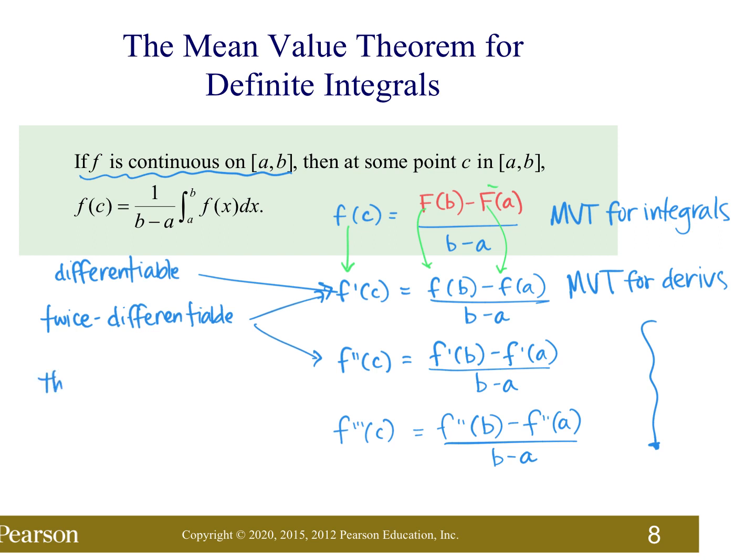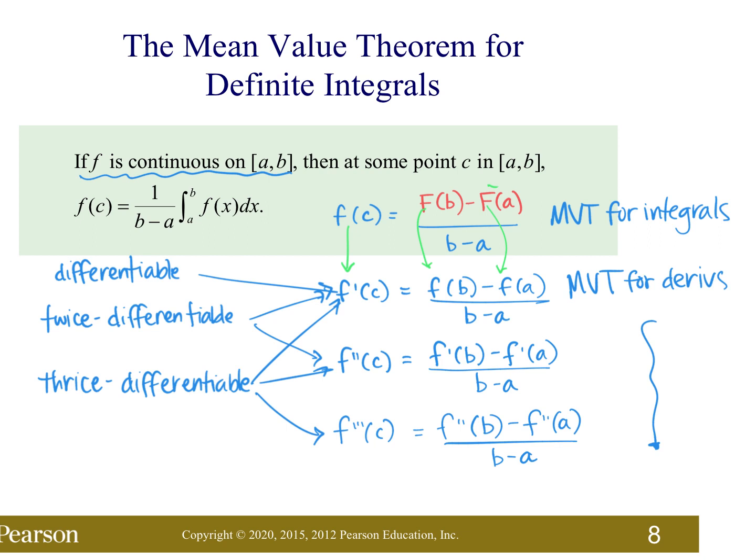And if you have thrice differentiable, that means three levels of derivatives exist, and so you get that one and this one. All of those are theorems that hold true and can apply depending on the differentiability of your original function.